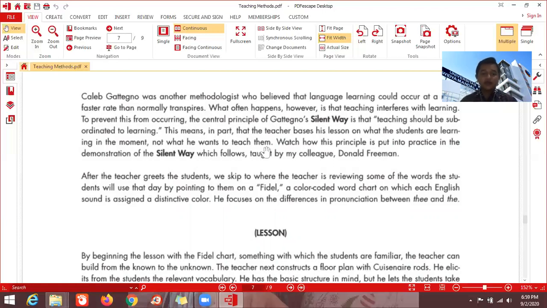But then here it clearly says that the teacher bases his lesson on what the students are learning in the moment, not what he wants to teach them. Okay, how does it apply in practice?